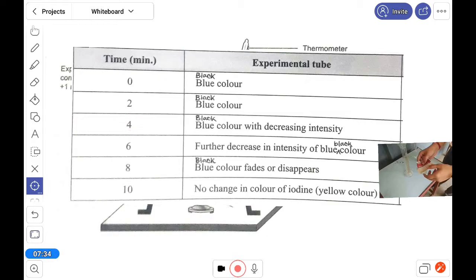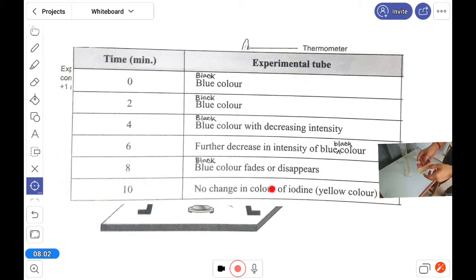After 4 minutes, the intensity of the color will decrease. Intensity decreasing means that the long chain is breaking into shorter chains, so the color also decreases. Next, the blue black color fades or disappears.